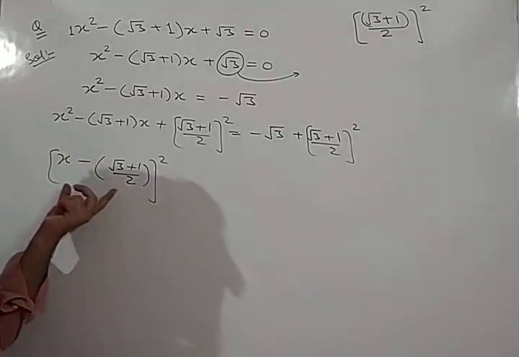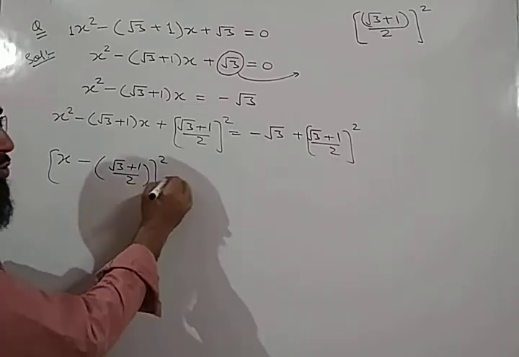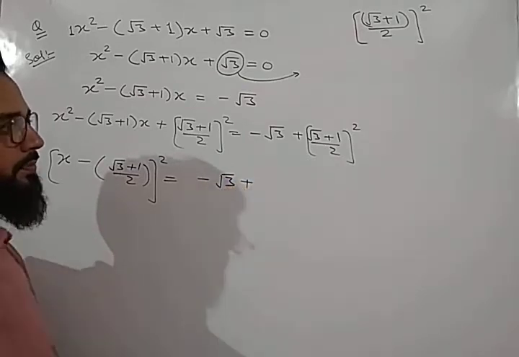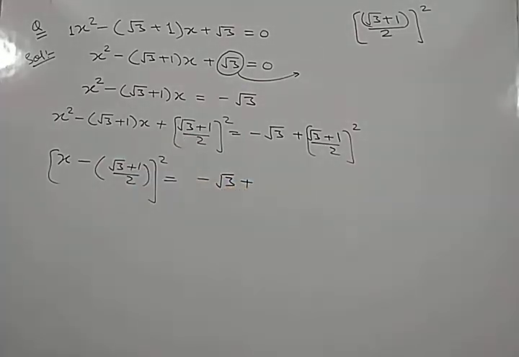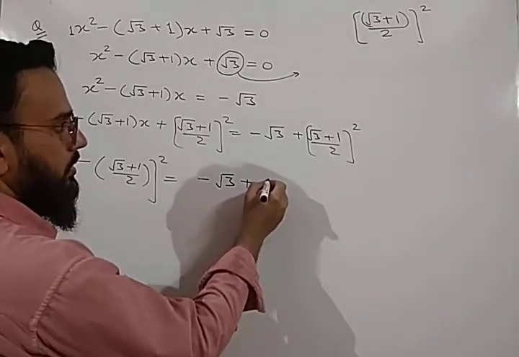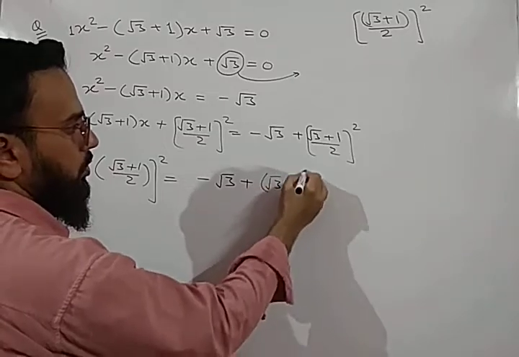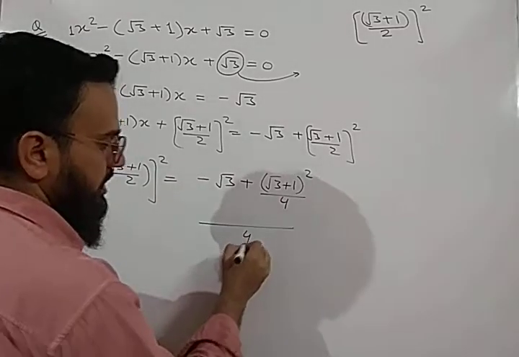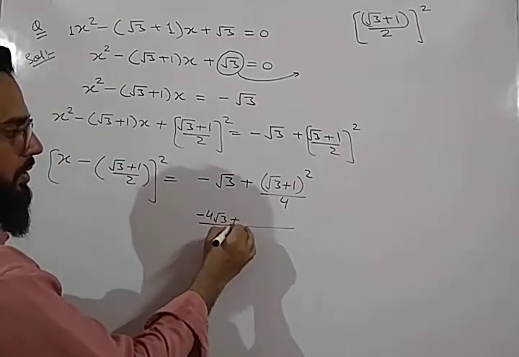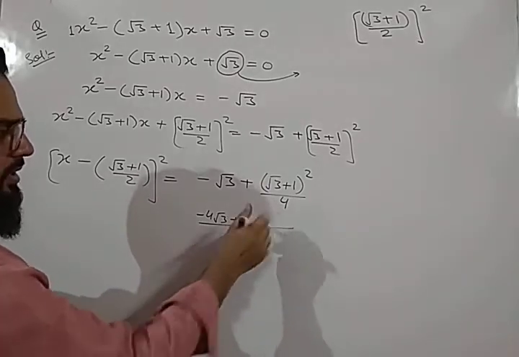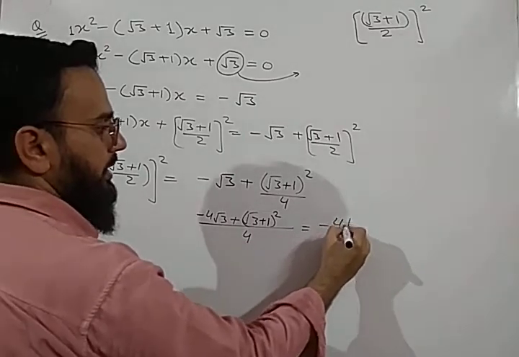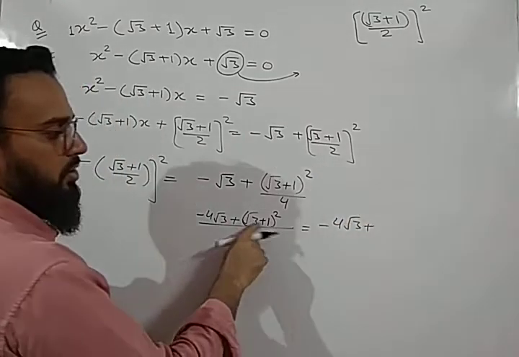Now it has formed the perfect square, but we have to solve the right hand side. What will we get on the right hand side? It is minus root 3 plus ((root 3 plus 1) whole square) upon 4. Now if we take LCM, 4 is the LCM, we will get minus 4 root 3 plus, opening this term, (root 3 plus 1) whole square.